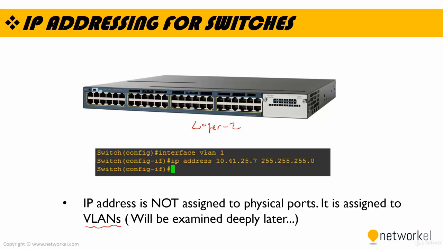You need to assign your IP address under the VLANs. So use the interface vlan, whatever VLAN you need to use, and then you assign the IP address in the same style as when you assign it to your router: ip address, your IP, and your subnet mask that you want to use.